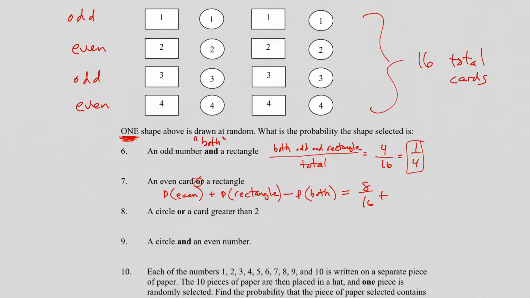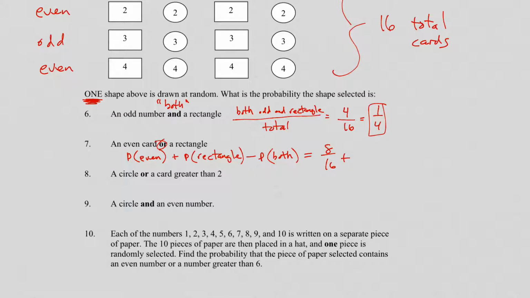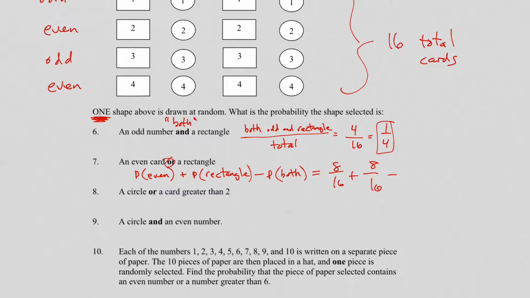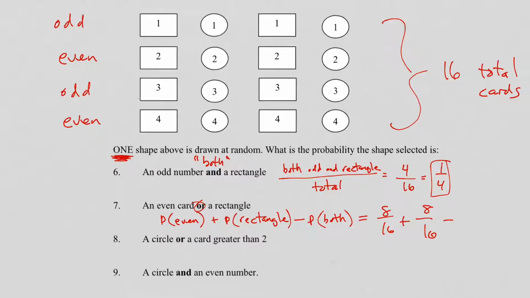And how many rectangles? 4 and 4. That's another 8. And then subtract both. So how many are even and rectangle at the same time? 4. Yep.